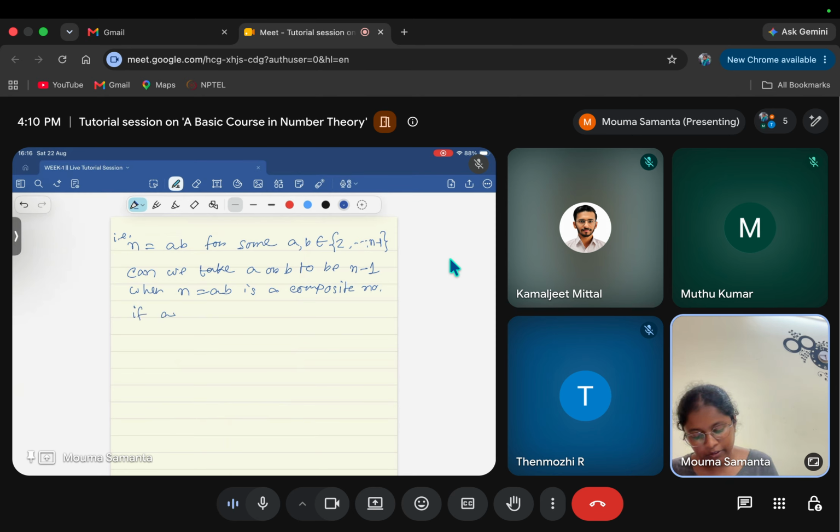If a equals n minus 1, since n equals ab, a divides n.